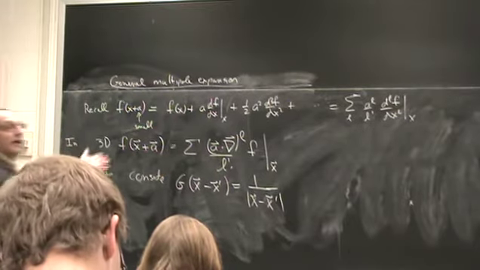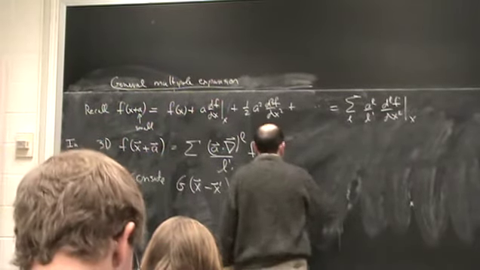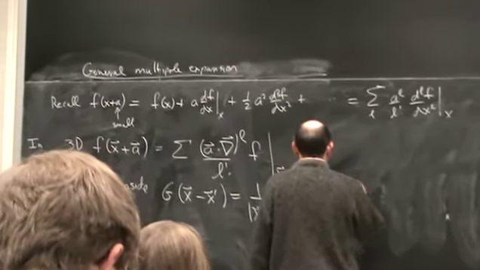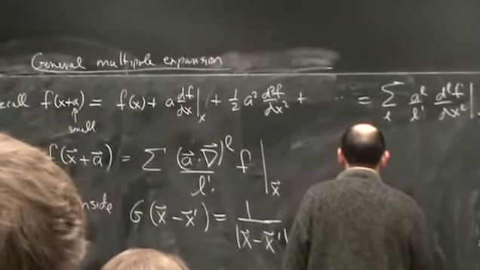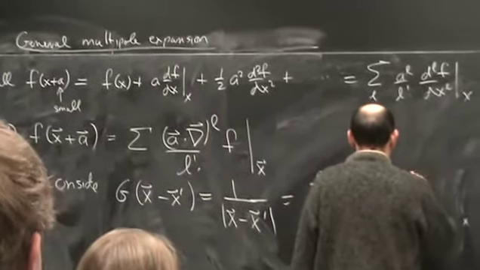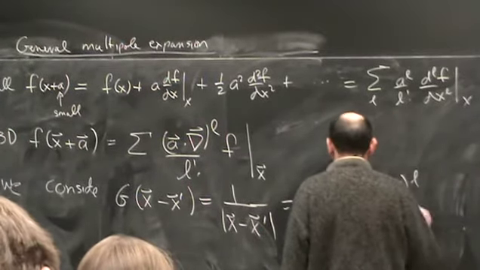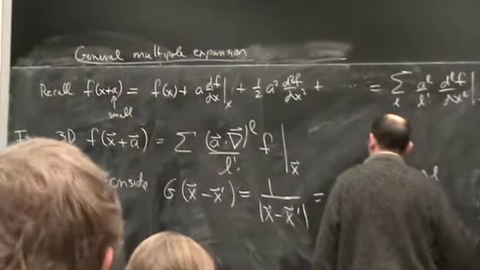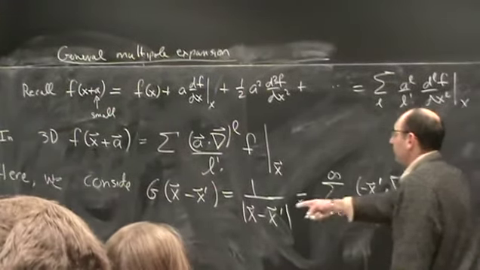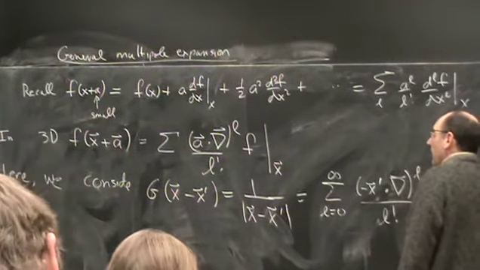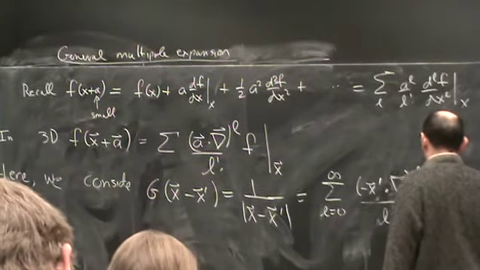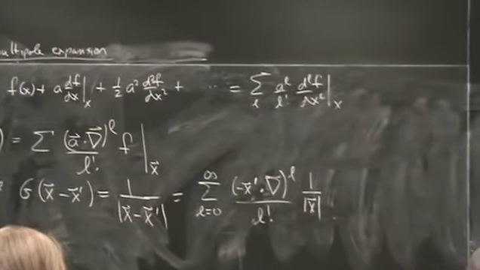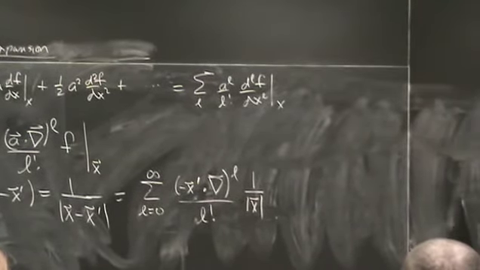So we can write down the general form of the expansion. The sum from L equals 0 to infinity of minus x prime dotted into the gradient, to the Lth power, over L factorial, times the function at a equals 0, which is 1 over the magnitude of x.